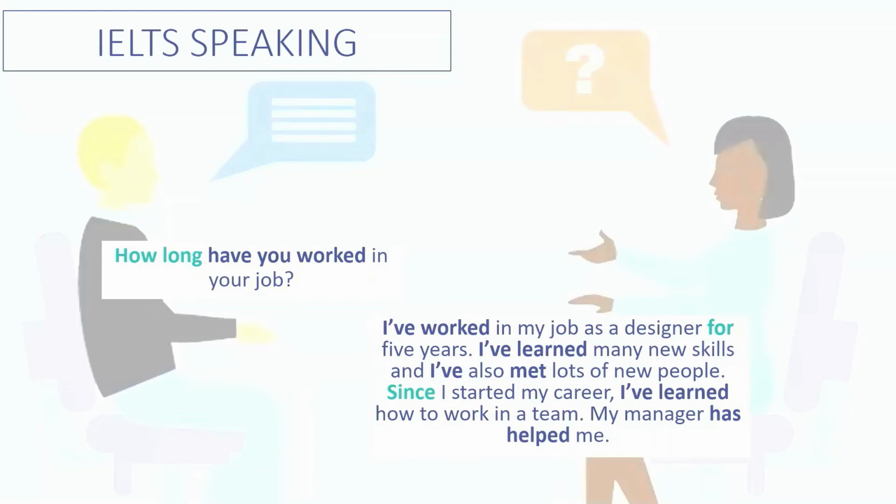My manager has helped me. So this is beautiful. If you can replicate this paragraph with your own words, you really show off your use of the present perfect tense for both the first person and the third person form. And you'll get, for grammar, a band score 7 and above.